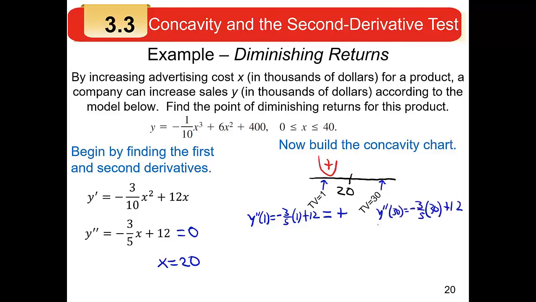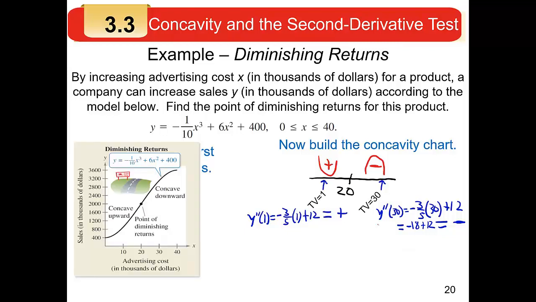If you take a test value to the right of 20, you could use 21, but why not just use 30? It'll be easier because of the 0 on the end. You'll end up with a negative number, which is concave down. That's the behavior indicative of a point of diminishing returns: concave up on the left, concave down on the right. So x = 20, and you can look at it from a graph, is the x-coordinate of the point of diminishing returns.